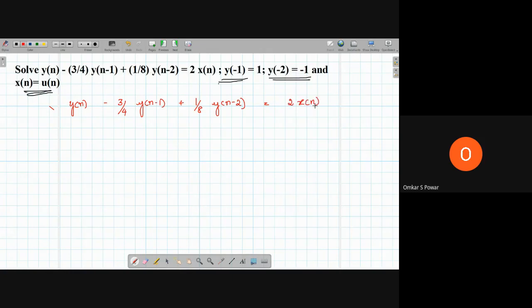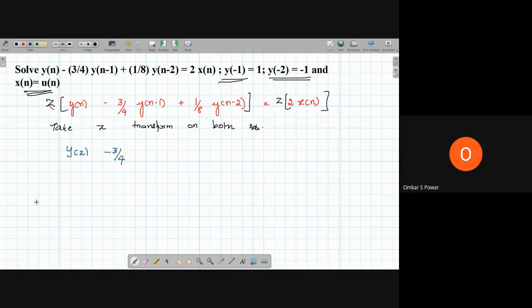Now what we have to do is take the Z transform on both the sides. So what do we get? The Z transform of the left hand side and the Z transform of the right hand side. The Z transform of y(n) is nothing but Y(z), minus 3 by 4, I will write it outside.